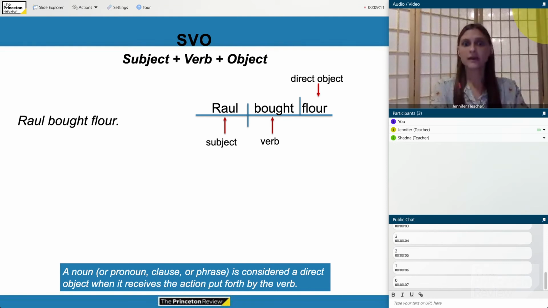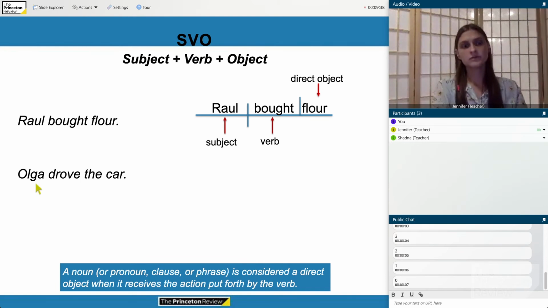Okay, and as you notice, I'm giving you the subject, verb, direct object here. When you're actually diagramming sentences, you're not going to write that because it's going to be understood without these arrows and words what each part of speech is and what function it's serving in the sentence. Okay, so next example here. Olga drove the car. So now we have a 4th word.